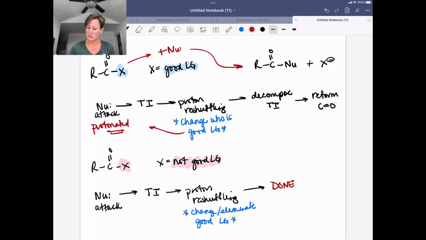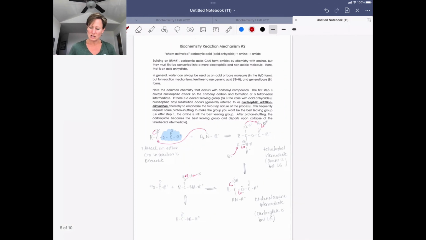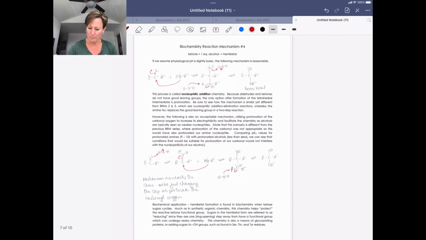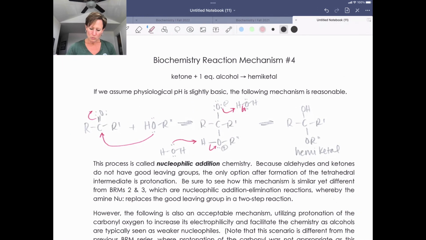So let's look at those reaction mechanisms here. So that's going to be reaction mechanisms 4, 5, 6, and 7. So if we look at 4 here, okay, so now that's not a good leaving group. But we still see the same steps: initial nucleophilic attack. Nucleophilic attack. Okay, those electrons move.